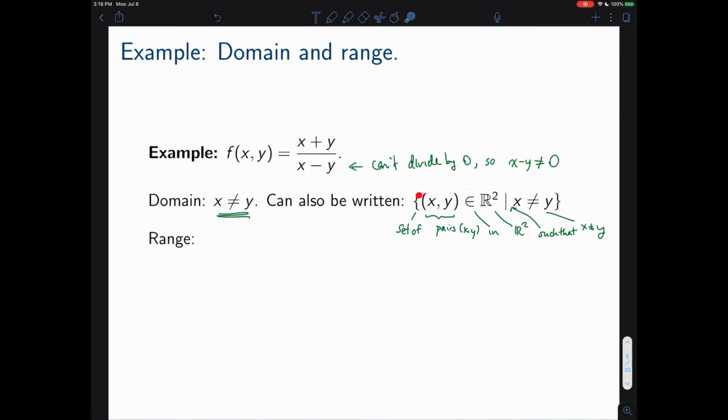And that's what these symbols stand for, and that would be the official mathematical notation for this domain set. But to tell you the truth, unless you're writing some formal official mathematical text, if you just say the domain is the set where x is not equal to y, that will convey the idea pretty clearly.